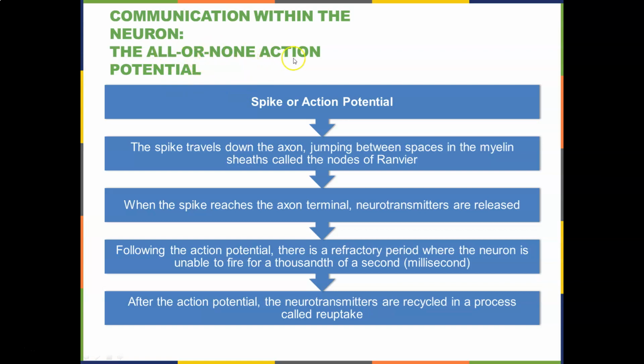Basically, all that means is that for an axon to fire, it has to build up a certain amount of electricity, a positive impulse. If it does, then it'll fire. Boom. But if it doesn't, then nothing happens. That's why they call it an all or none action potential.